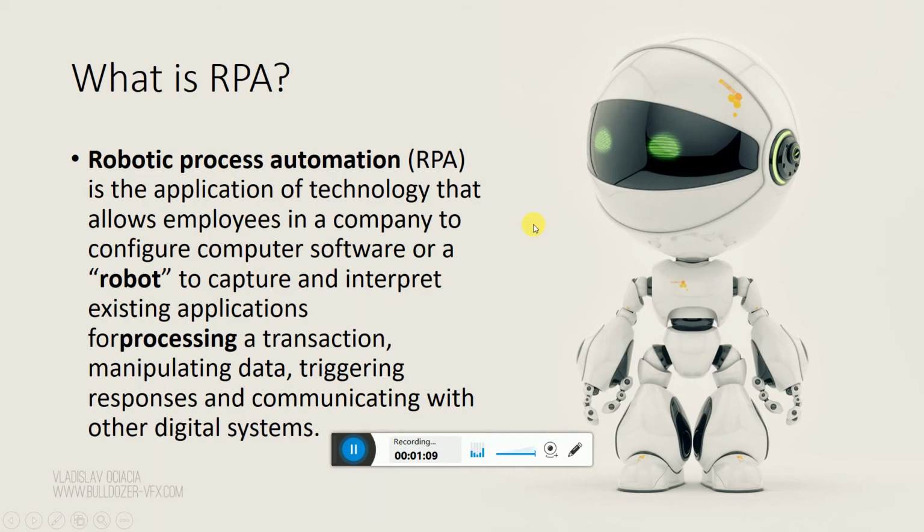So what is RPA? Robotic process automation is an application of technologies that allows employees in a company to configure computer software like robots to capture and interpret existing applications and process the transactions, manipulate the data, trigger actions and responses, and communicate with so many vast digital devices.